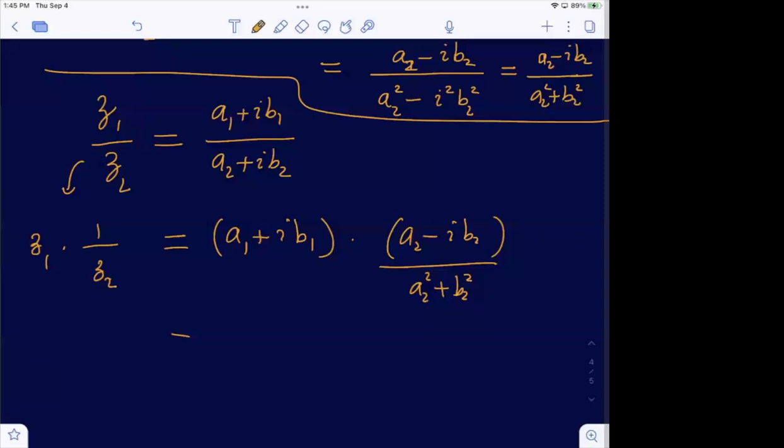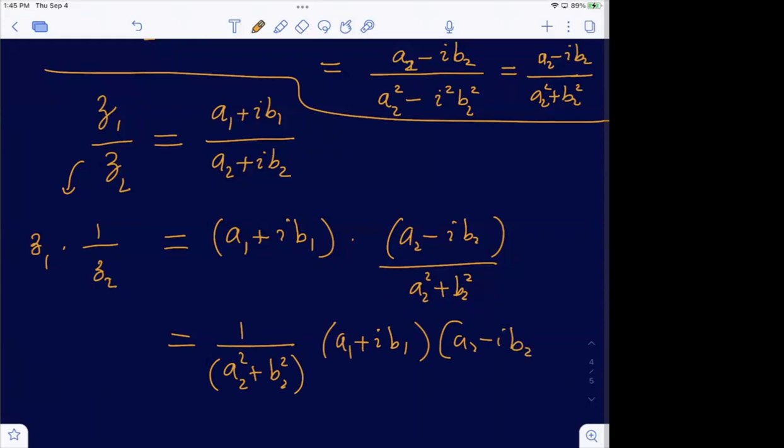So now what I can do, by knowing that this is a real number, just to separate these issues, let me just write it individually. And then what we have essentially is a1 plus ib1 times a2 minus ib2. Now this is none other than just the product form that we've learned before.